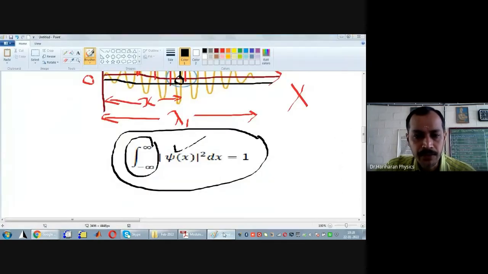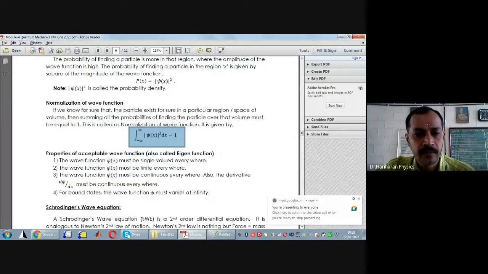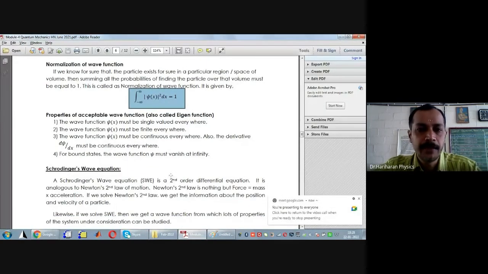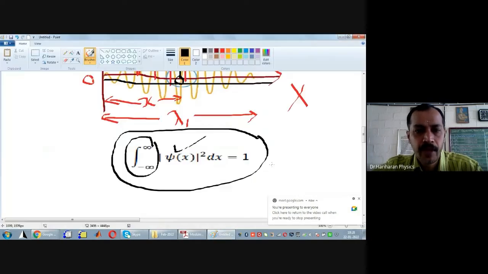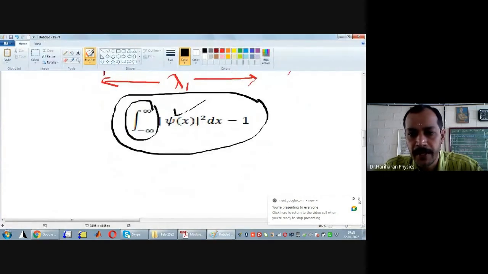Next, last part, we will look at the properties of acceptable wave function. So what are the four properties of acceptable wave function? A wave function is a function of space and time.